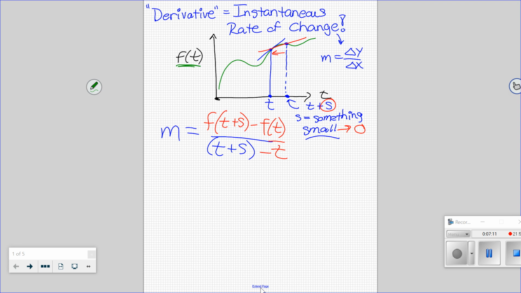So we're going to calculate the slope, and we're going to take what's called the limit. So we say we're going to LIM the slope, LIM of m, as s approaches 0. Okay? Let's put that in brackets.